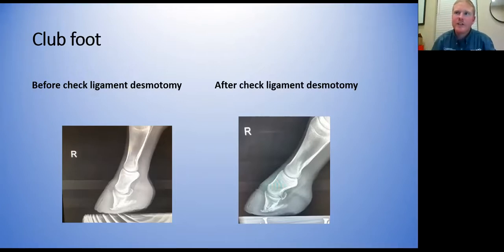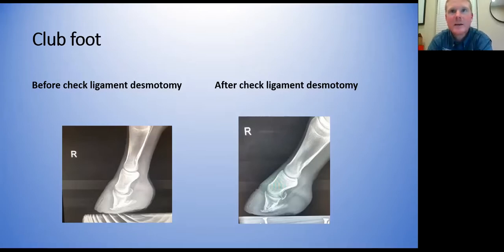So when you think of a check ligament, you think of two ways of helping the horse. You think of giving them toe support or trying to rest the heels and allowing their foot to lay down naturally. And why would doing a surgery help? Well, you do a check ligament desmotomy.